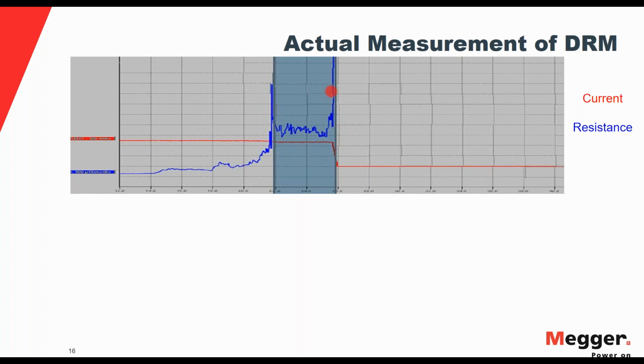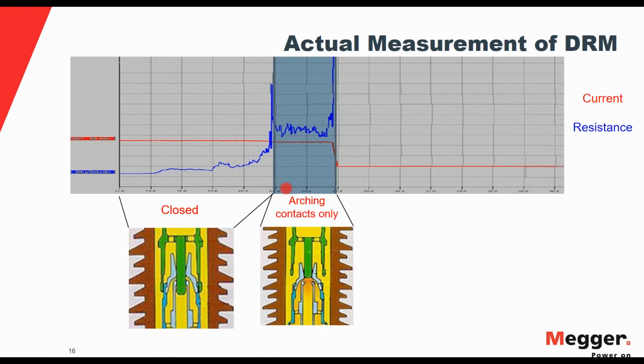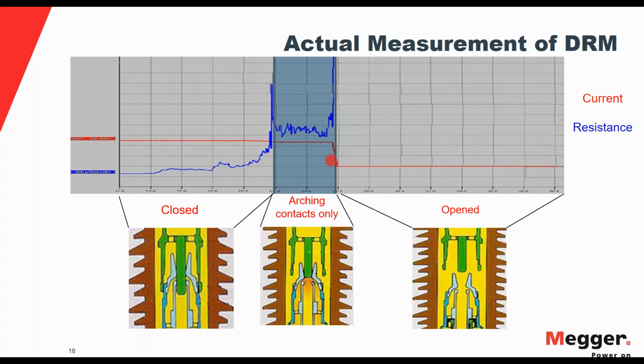It's going up and down and up and down, and so this is the closed position at this area. This is the arcing contacts only, and then it's the open position. So it is very difficult to find an easy number that you can use to really indicate whether you have healthy or bad arcing contacts.